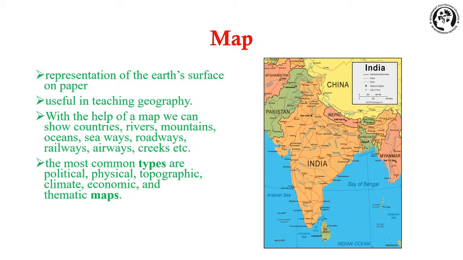With the help of a map, we can show countries, rivers, mountains, oceans, seaways, roadways, railways, airways, creeks, etc. There are different types of maps. The most common types are political, physical, topographic, climate, economic, and thematic maps.